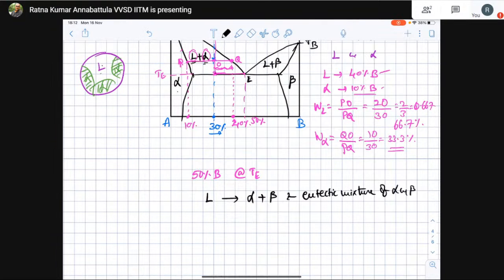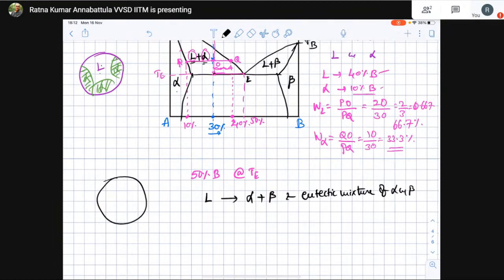By the time you are here, if you look at the microstructure, you will have some alpha. Let us say all that is alpha and the remaining is liquid.